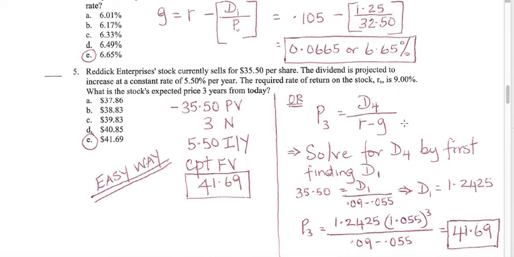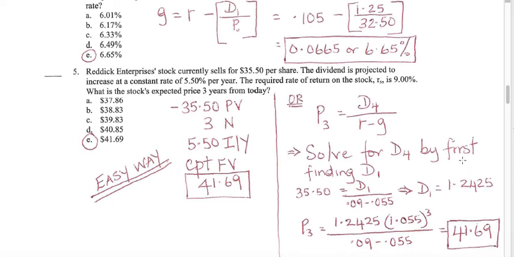If you're asked for the stock price in year 2, it's your dividend in year 3 over R minus G. If you're asked for the stock price in year 10, it's your dividend in year 11 over R minus G. If you're asked for the stock price in year 30, it's your dividend in year 31 over R minus G. So since in this question you're asked for the stock price in year 3, it's your dividend in year 4 over R minus G. But you are not given the dividend.